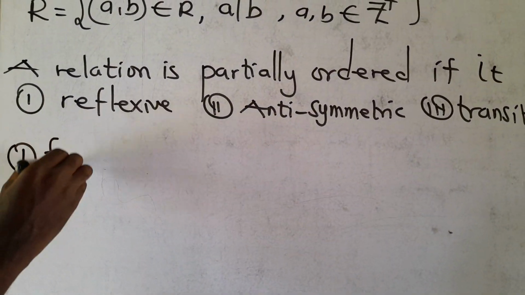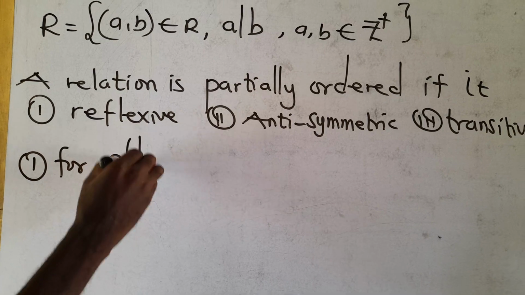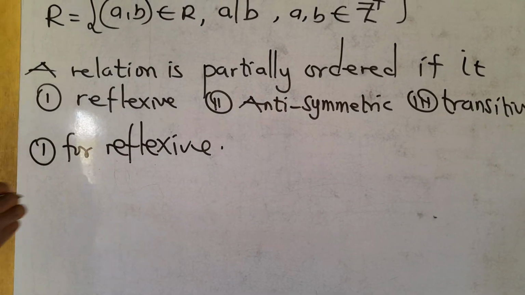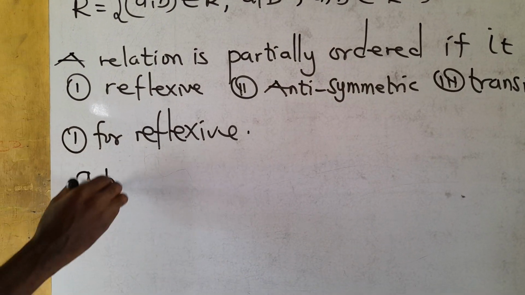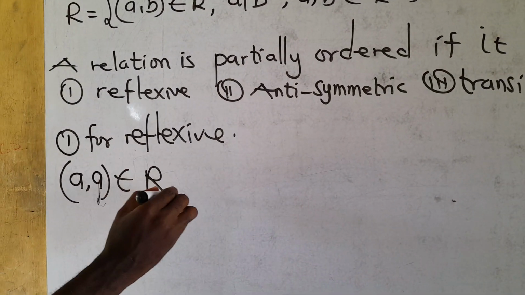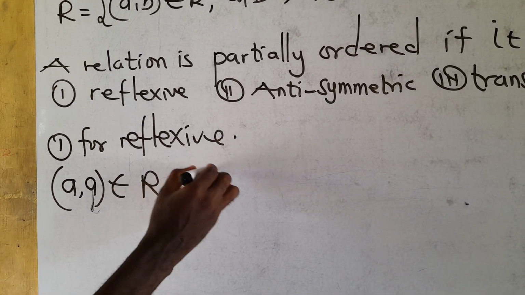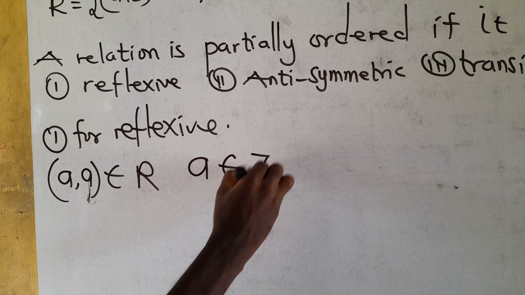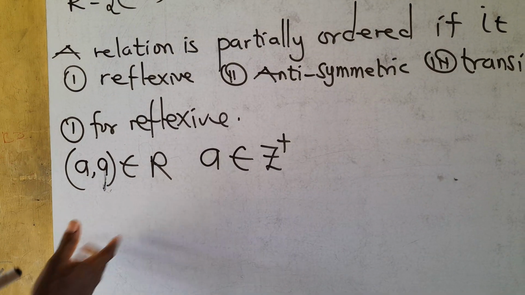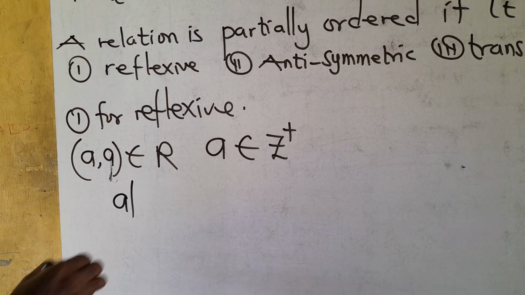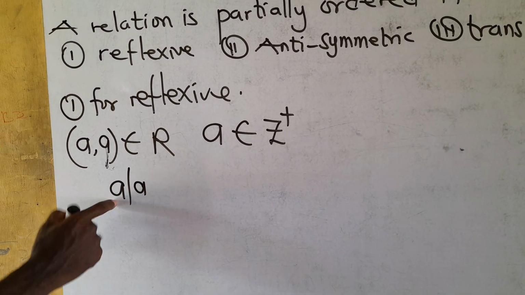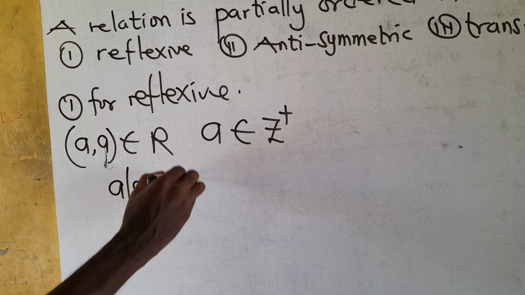So the first one, for reflexive, we say (A, A) must be a member of the relation where A is a positive integer. It means that we will take a positive integer and it divides itself. So when A divides A, we'll get 1, right?